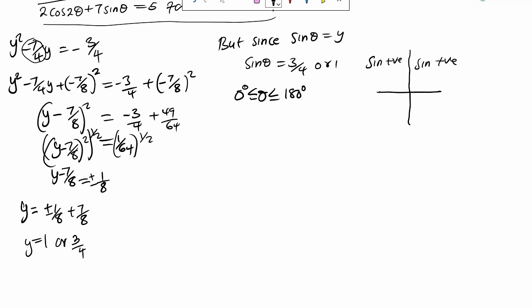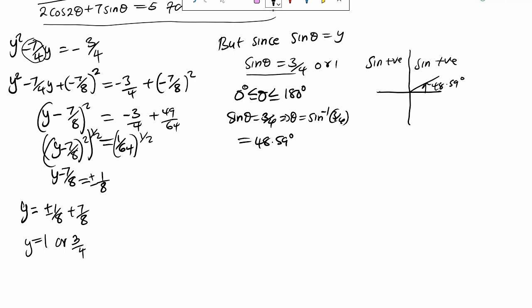This shall help us to get the values of theta, starting from sine theta equals 3 over 4. It means that theta is the sine inverse of 3 over 4, and this gives you the value of 48.59 degrees. So the first value of theta is this one here, 48.59 degrees.